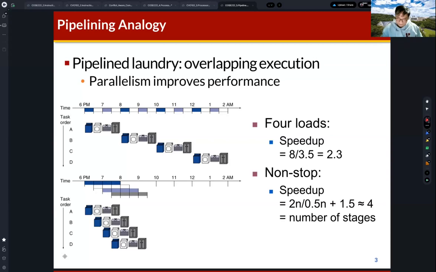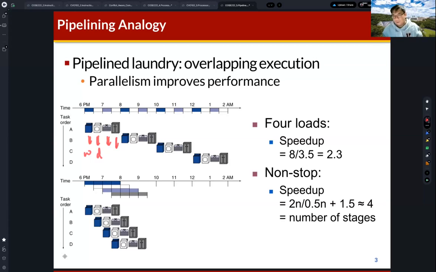Actually, we need to perform 4 different steps for laundering clothes. For example, we need to use the washing machine, and then the dryer, and then we need to fold the dried clothes, and then we need to store the clothes in the closet.